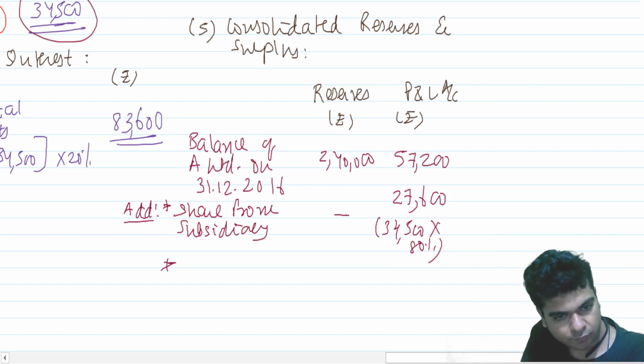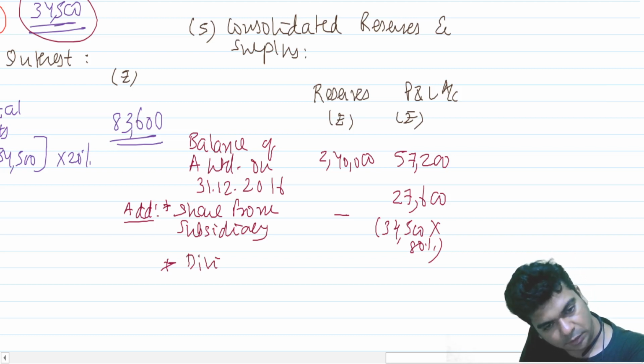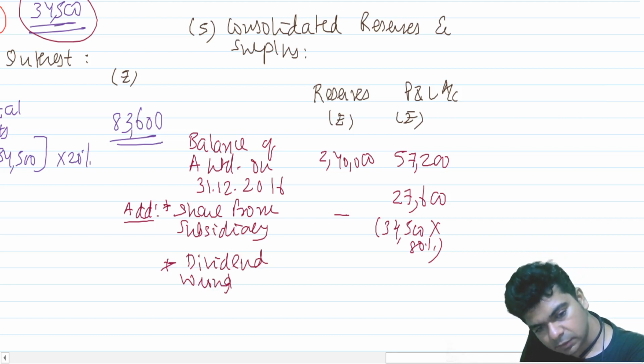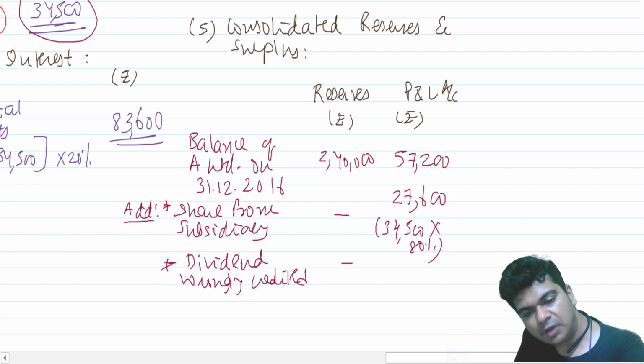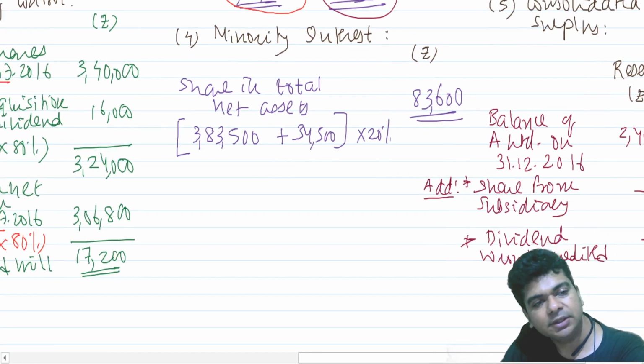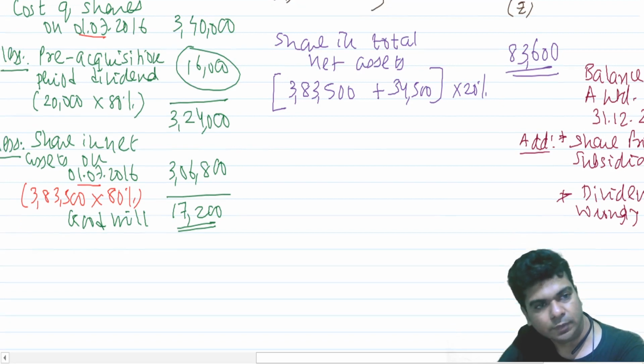So dividend wrongly credited. We have already calculated that, right? When we calculated the cost of control, we have already worked out that figure, 16,000.